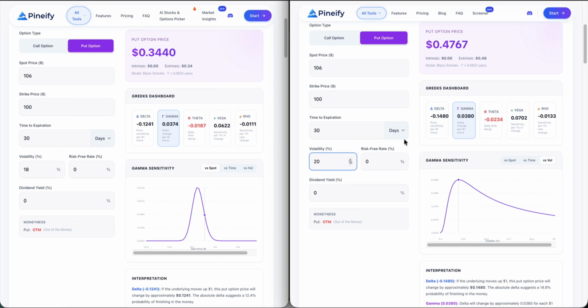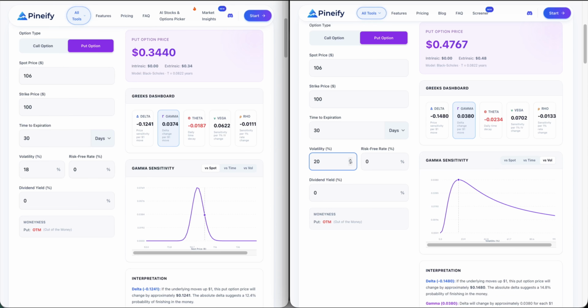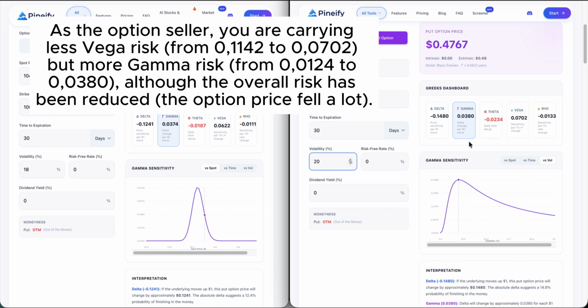So you may think that most of the risk inherent to the stock or the option is now gone because the Vega has come down significantly because of the lower volatility, but some of this risk has been replaced by the increase in the gamma.